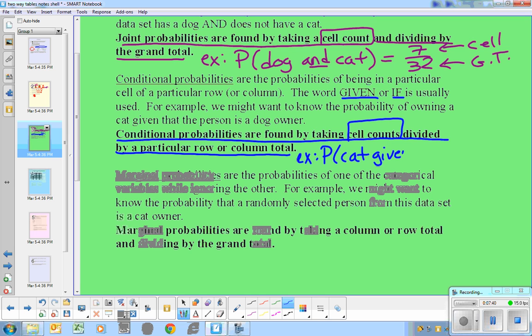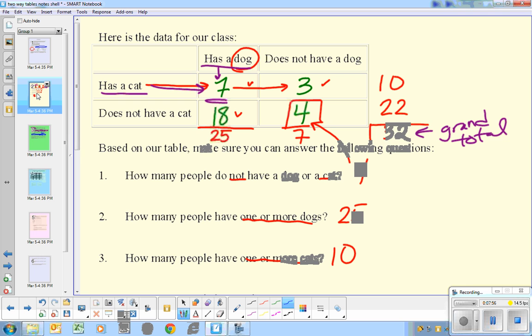What those words mean is that, instead of all the students taking trig stats, we're going to take just the people who own dogs. And then out of that group, figure out how many also own cats. So if you look at our table, what is the group that owns dogs? How many folks own a dog? Well, that would be this group right here.